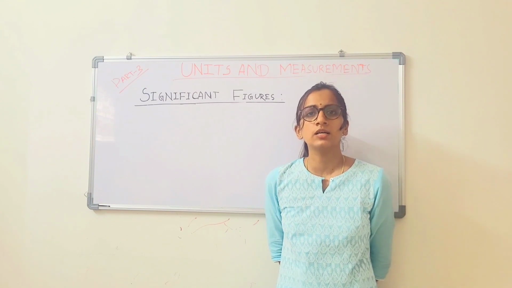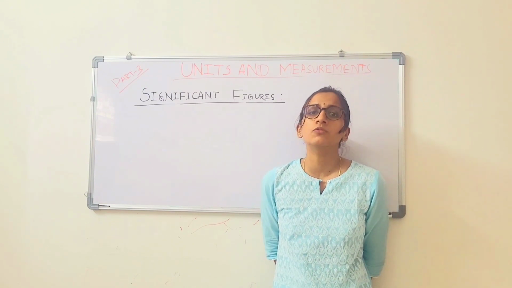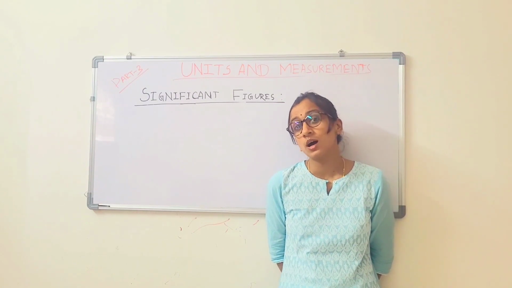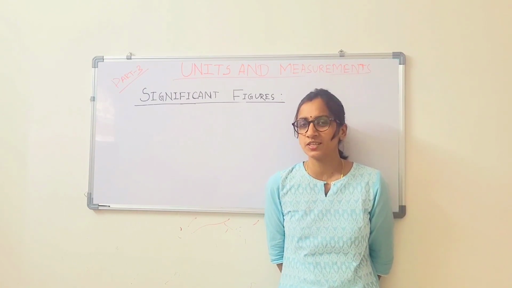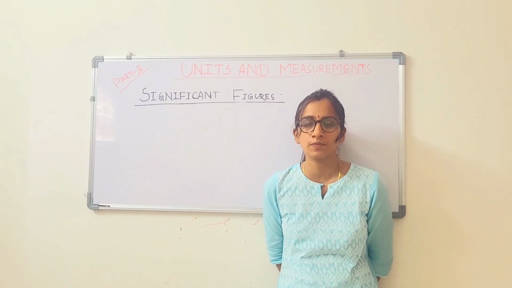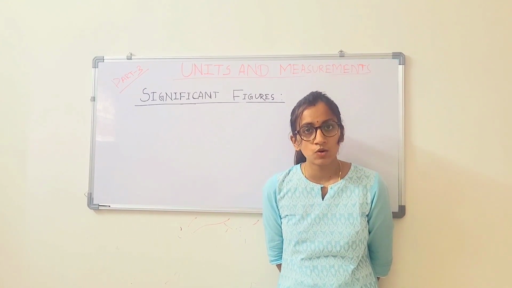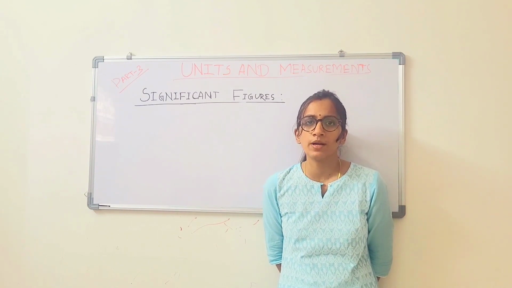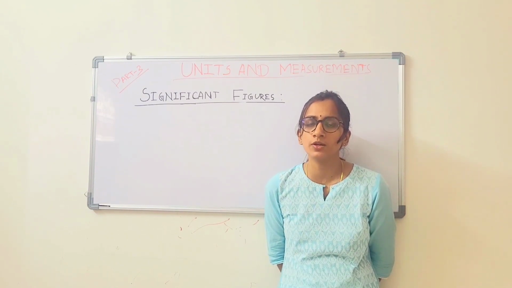For that, I will tell you from the beginning of the story. From my first video, I told you that physical quantities are those quantities which can be measured. So in physics, we are doing experiments. In every experiment, we get observation values.